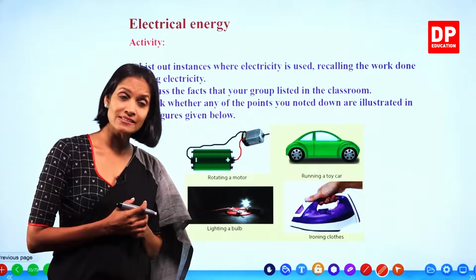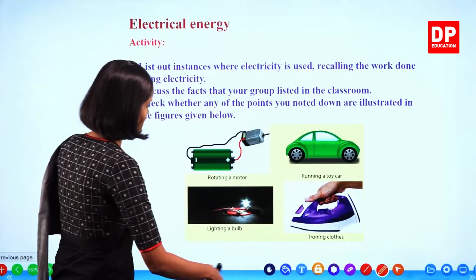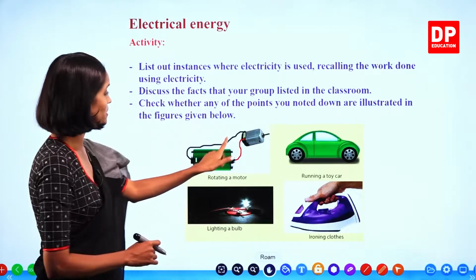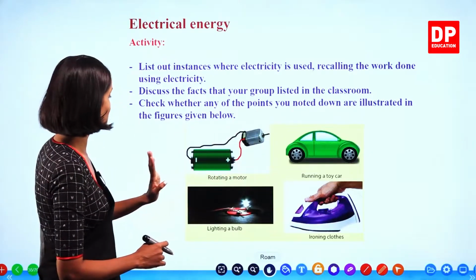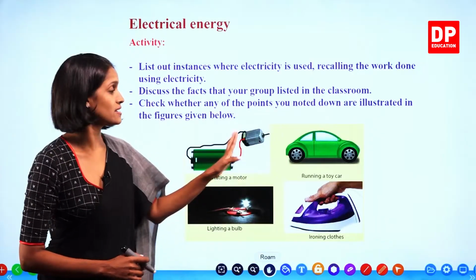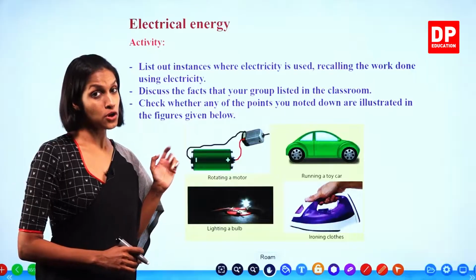Shall we write this, children? You all can start before me. I will give you a few examples. Right. So even in this picture, some examples are given. So rotating a motor. You all remember during the electricity lesson, we made small circuits using these type of motors.